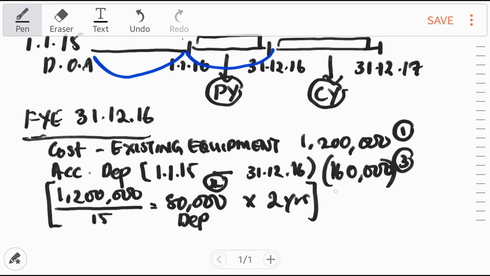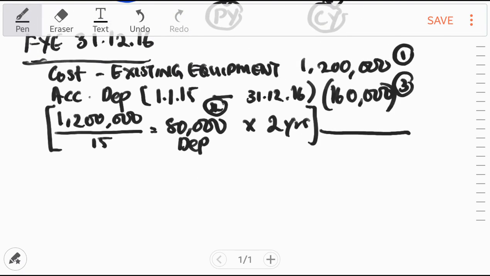Those things are what will be in our explanation in accounting treatment. And this will give you the carrying amount as at 31st of December 16. Or you can also say this is my carrying amount as at 1st of January 17. It's just the same.